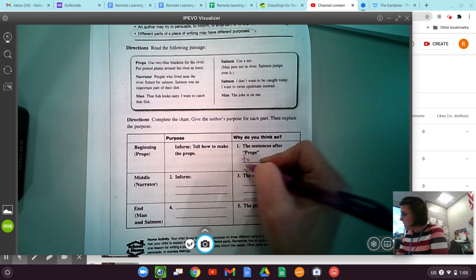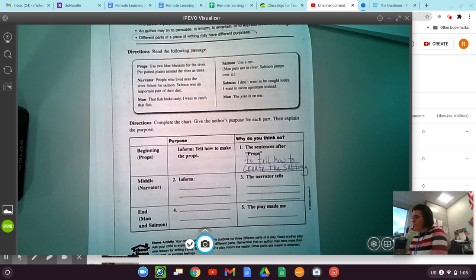Now in the middle, we have the narrator here. People who lived near the river fished for salmon. Salmon was an important part of their diet. So the narrator was trying to tell us about the people and what they used, what they eat, and where they live.